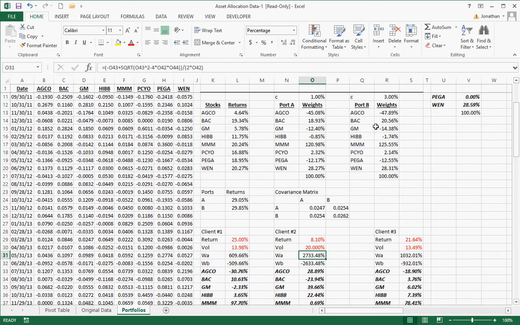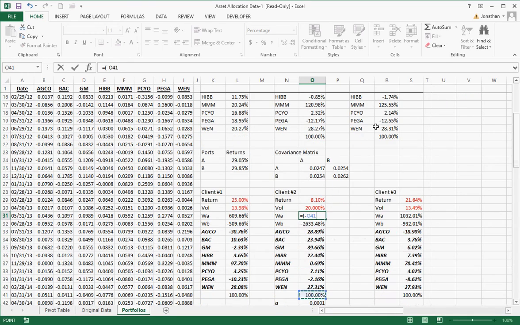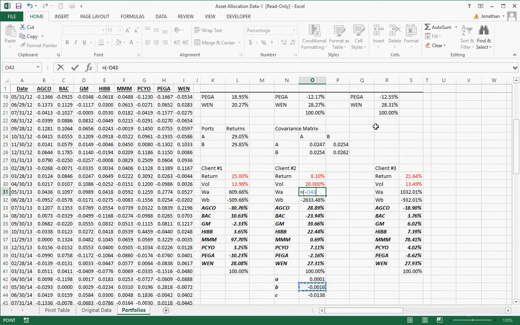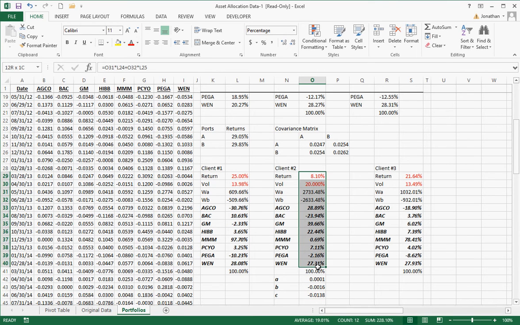So quadratic equation, I'll do that again, equal to minus B. So minus B plus or minus, I'll do plus, the square root of B squared minus 4 times A times C divided by 2 times A. And so that's my weight in portfolio A.